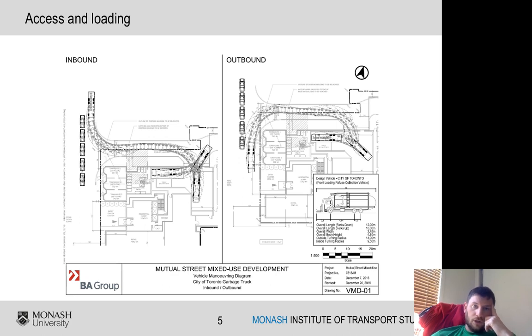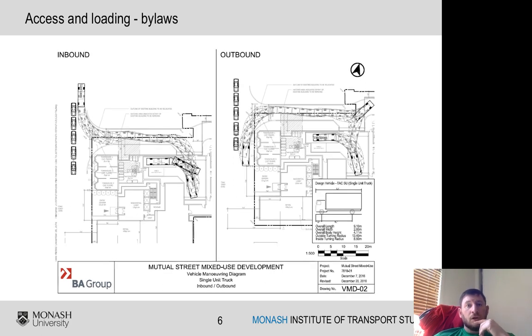It can actually be quite complicated because, of course, the garbage truck is going to need to turn around on your site as well, which is going to take up a lot of space, because the last thing that the local council would want is the garbage truck to go in and then reverse out, because garbage trucks reversing is inherently not going to be very safe. So you therefore want the garbage truck to be moving forward when it comes out of your site, not reversing across the street.